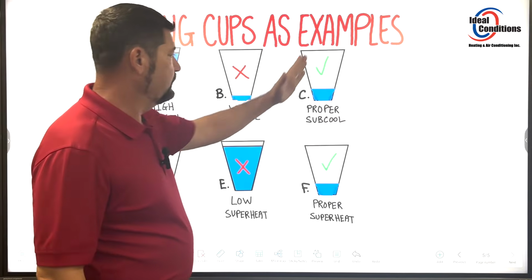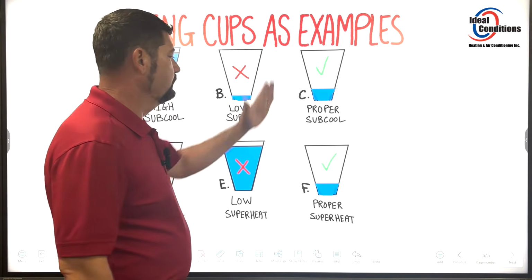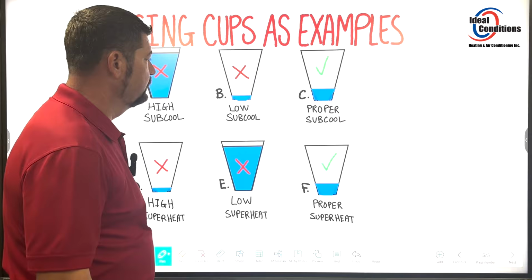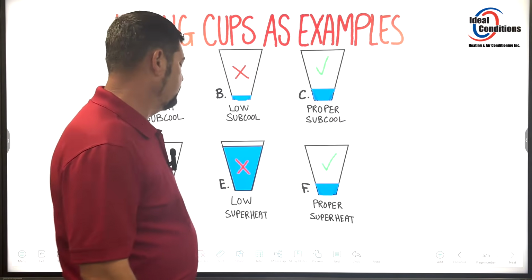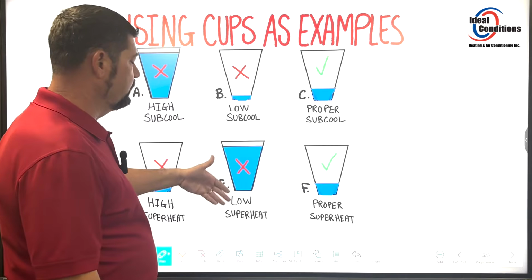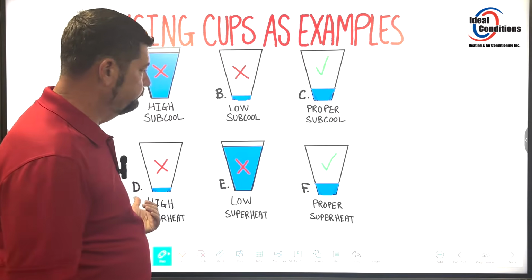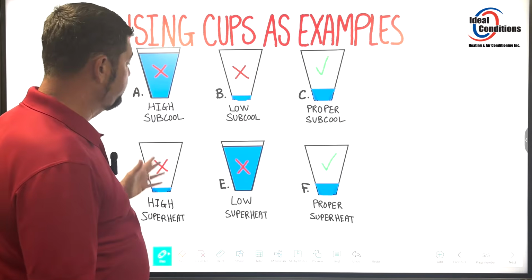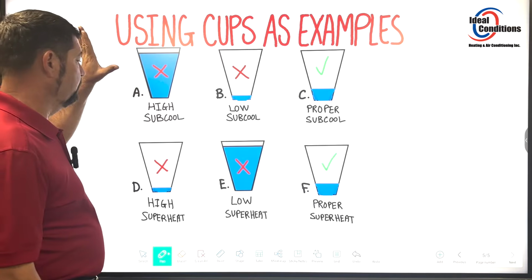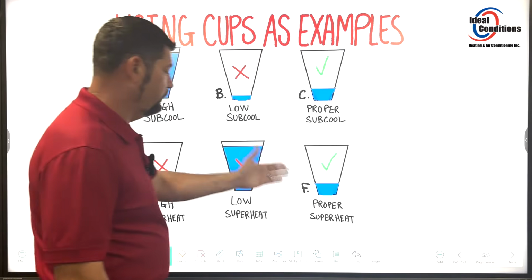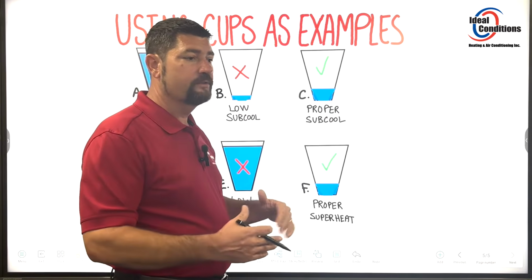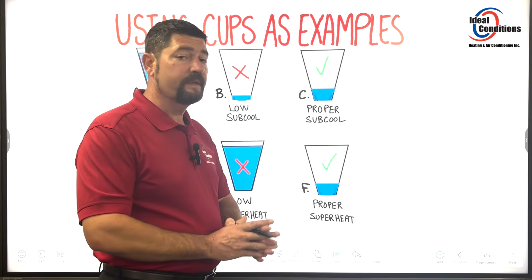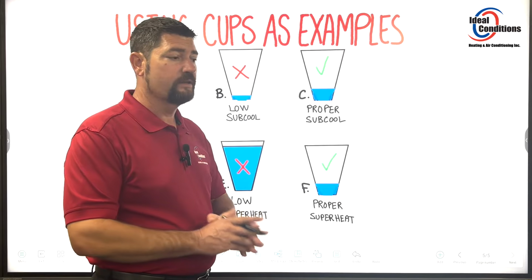there's no way you can take good and mix it with bad. Good's only going to go with good, right? There's no way I'm going to have the proper subcool and have an issue with too much or not enough superheat. There's no way I'm ever going to have a high subcool and then have the proper superheat. And if I ever did get those values, then there is something that has not been done right.